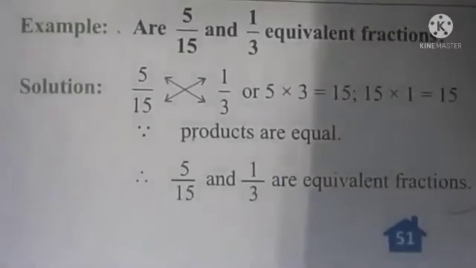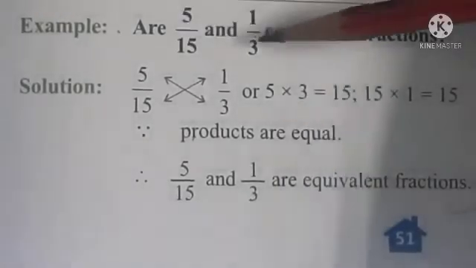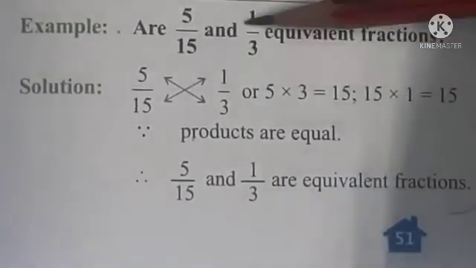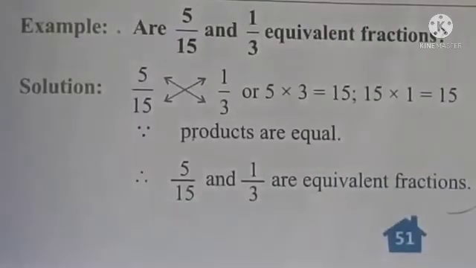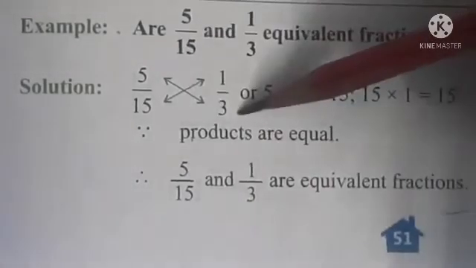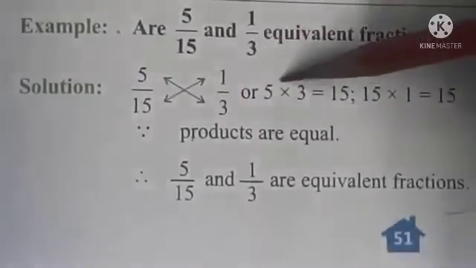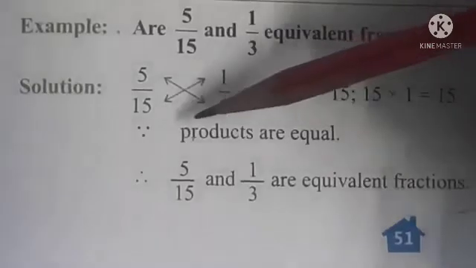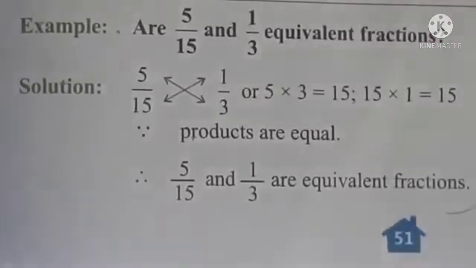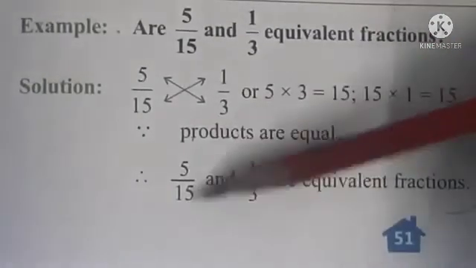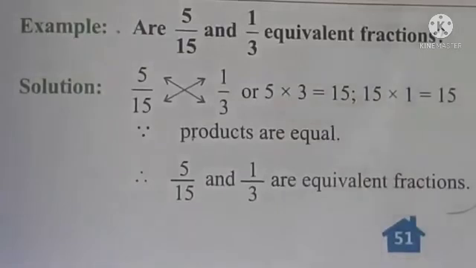We know that multiplication of this 5 with 3 and 15 with 1. If the multiplication is giving us the products same for both the cases, then the fractions are equivalent. See, 5 3s are 15, 15 1s are 15. So products are equal. Therefore, 5 upon 15 and 1 by 3 are equivalent fractions.